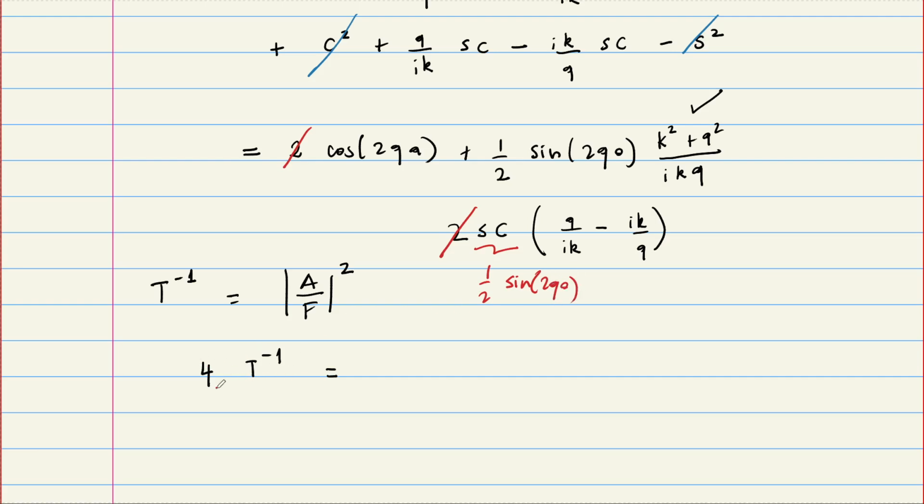Then when I take the absolute value, there's no 4 here. And here I'll have cosine squared 2QA plus 1 over 4 K squared plus Q squared over K squared Q squared times sine squared 2QA.